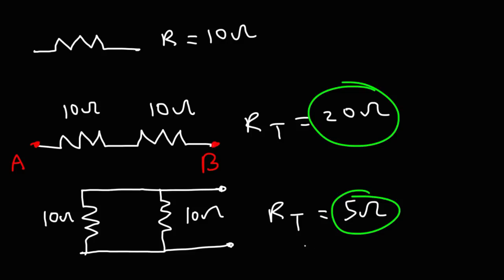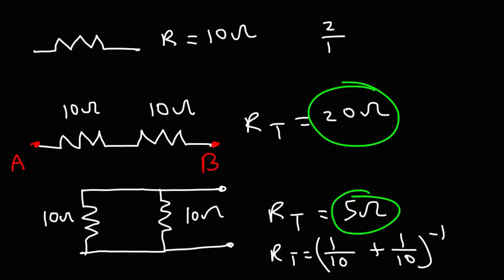Now for those of you who want to see the calculation, it's going to be (1/R1 + 1/R2)^-1. R1 is 10. So 1 over 10 plus 1 over 10 is 2 over 10. And when you raise something to the minus 1 power, you basically need to flip the fraction.